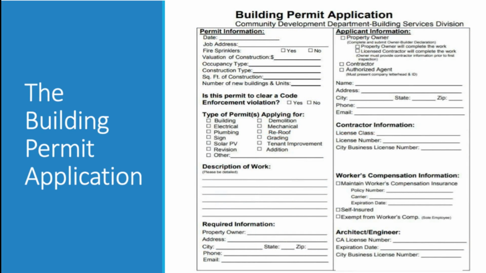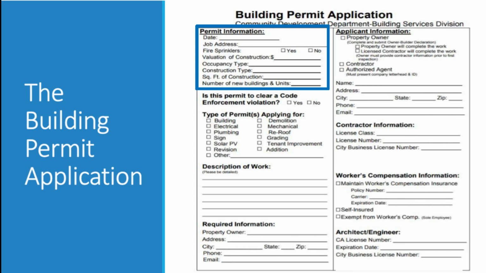Building departments also have the same helpful forms and handouts on their website. In this example, the building department website has, amongst other helpful forms and handouts, the building permit application. Let's take a look. Using the example building permit application, let us review the information.